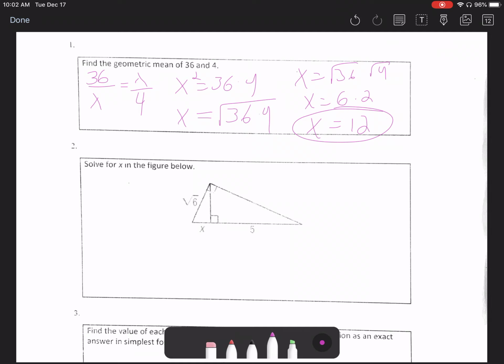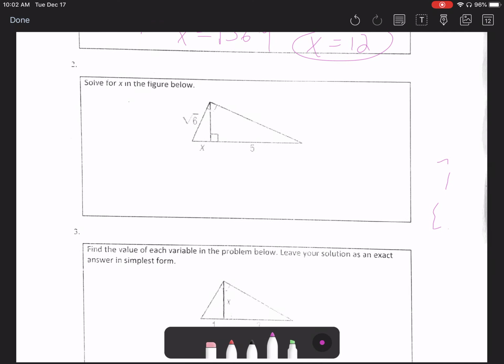For number 2, we go through the same procedures that we always do for this relationship. First thing I do is, can you use Pythagorean theorem to solve for a side? No. Second thing is I add my parts, so I have x plus 5 here. Now, if you remember, hypotenuse over leg equals hypotenuse over leg.